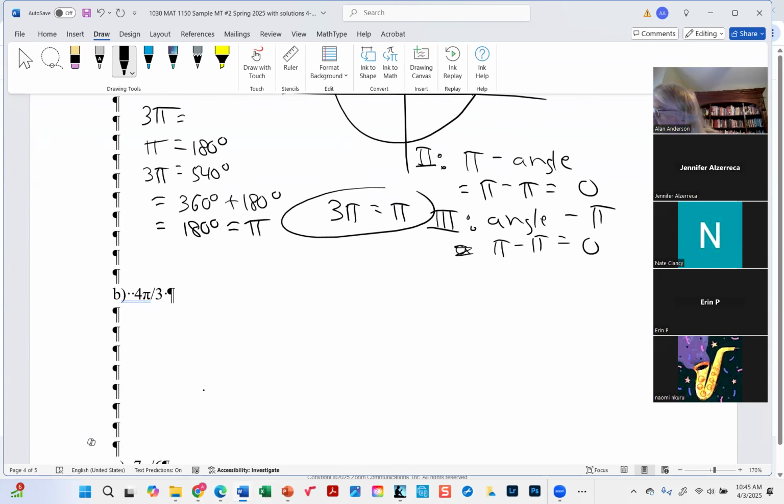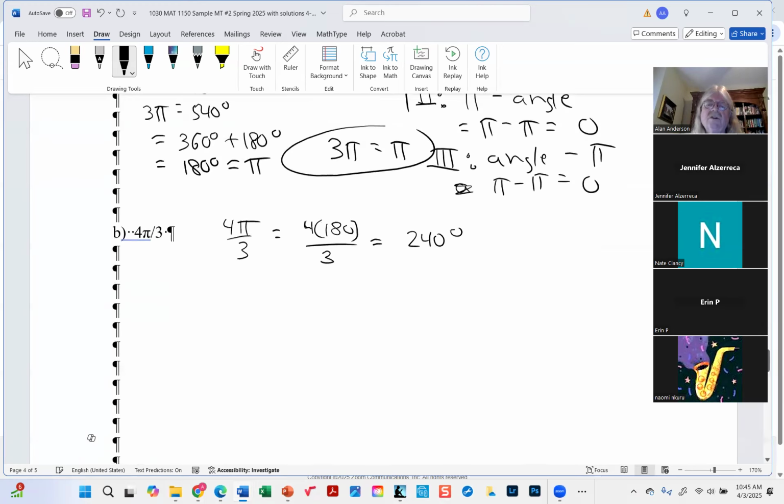So, if these radians confuse you, you might want to think about converting them into degrees, because that might help you visualize what's happening. And of course, for these types of questions, really the only thing that matters is what quadrant we are in.